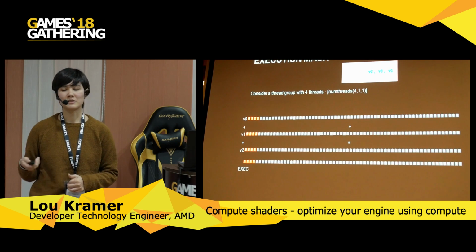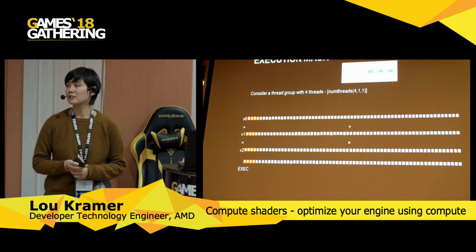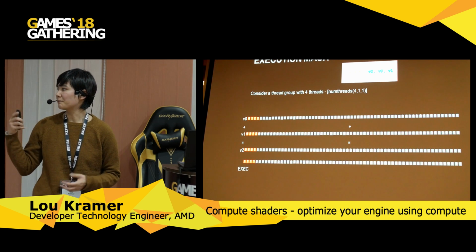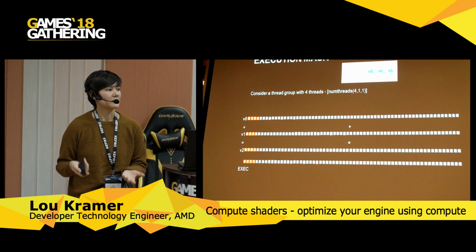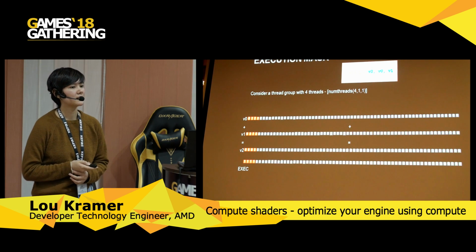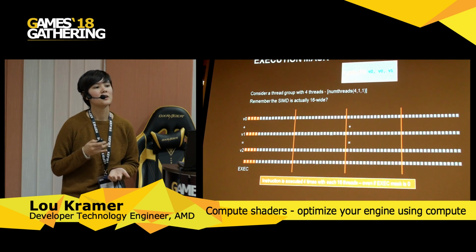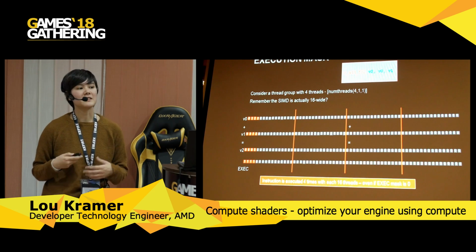So this means the data which is stored there is kind of useless. It doesn't make any sense. It's invalid. And then this instruction gets executed. But remember I said in the beginning the SIMD is 16 wide. Well, this basically means that the instruction gets executed 4 times, with 16 threads each.